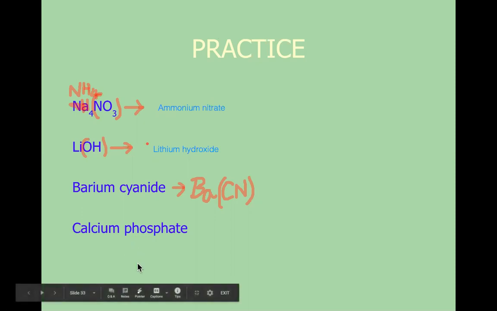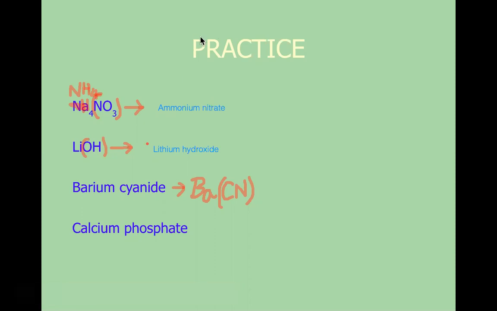In case you have it on the paper, you can check your answers with this. Then you have to do the same thing: write the symbols, then crisscross the charges, and that's it. Okay, we will do more practice. You'll be having a homework, and we will do more practice and go over.